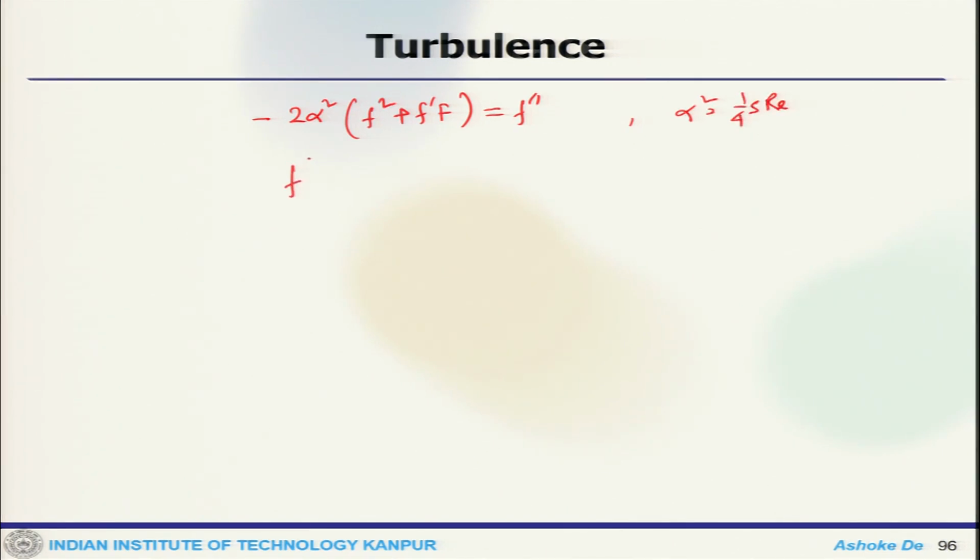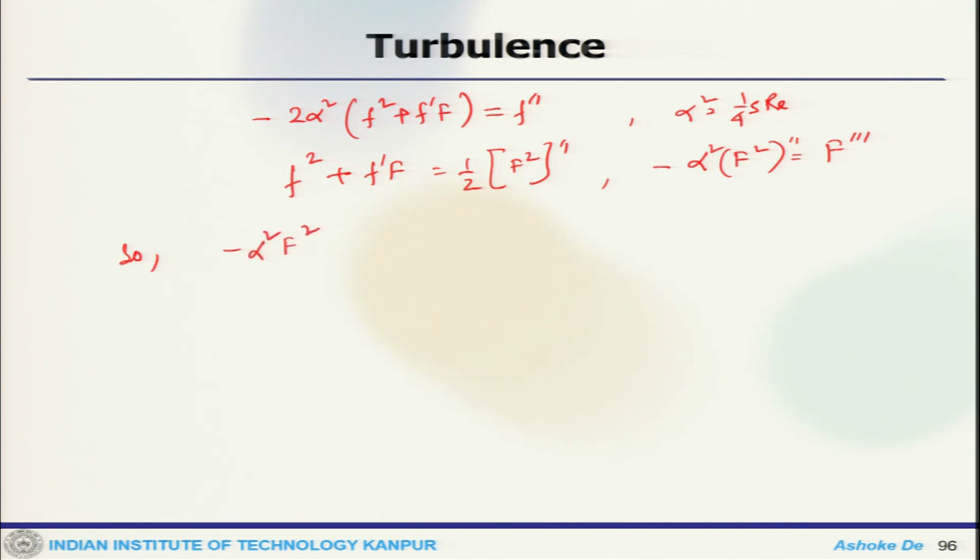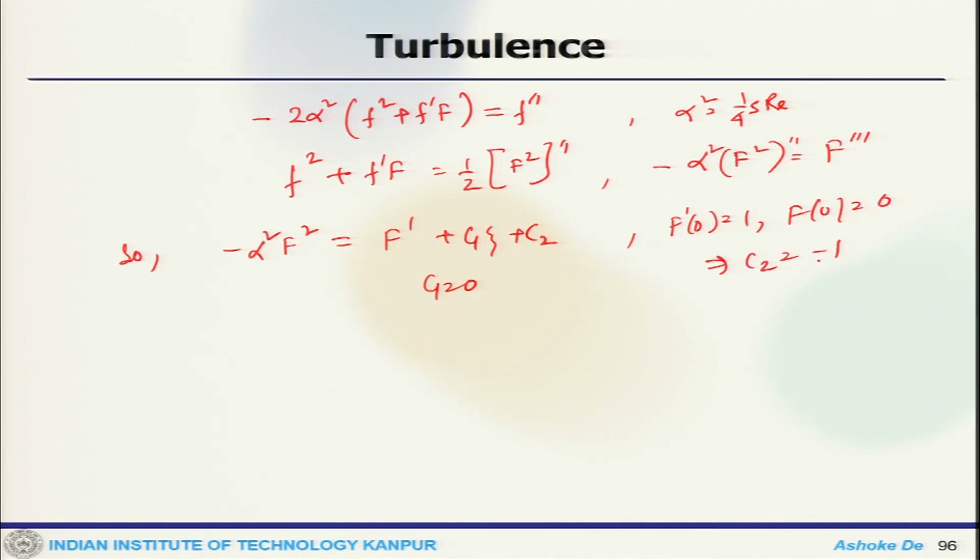Now, we can get f square plus f prime f half f square prime, and we get alpha square f triple prime. So, alpha square f square equals f prime plus c1 xi plus c2 xi. Here c1 becomes 0 because of symmetry, and f prime 0 is 1, f 0 is 0, which gets c2 equals minus 1.